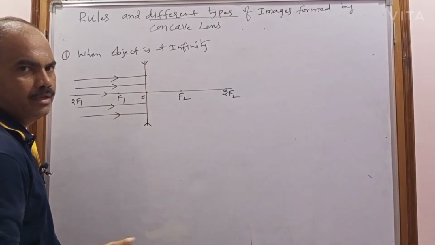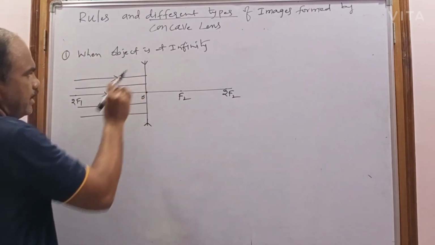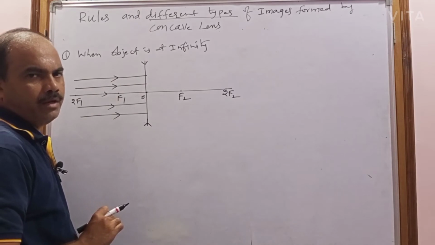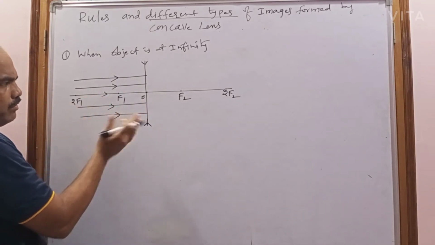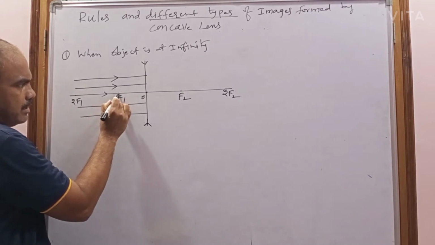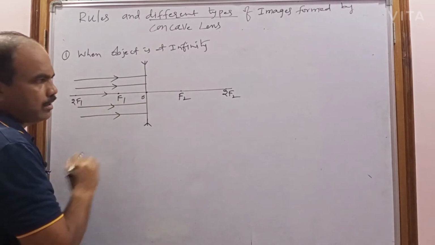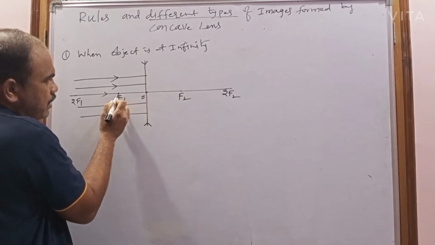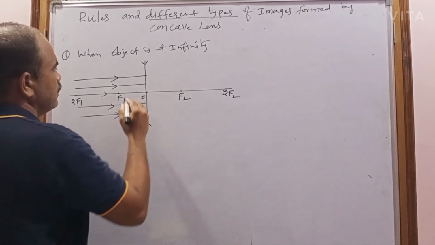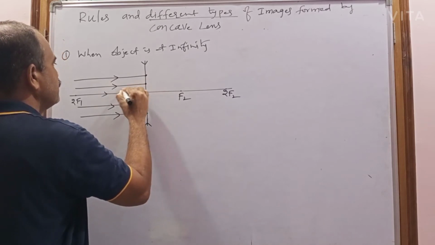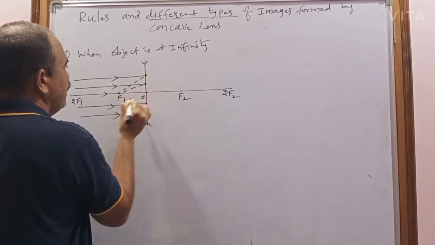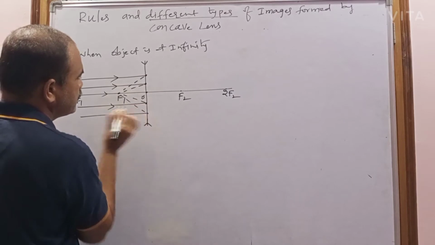So this is a parallel beam of light, parallel to principal axis, incident on the concave lens when object is at infinity. According to the first rule, if the incident ray is parallel to principal axis, it appears to come from the focus on the same side of the incident ray. That is F1. So all the refracted rays appear to come from this focus. Join the incident points and focus with dotted lines first, and after that extend them.